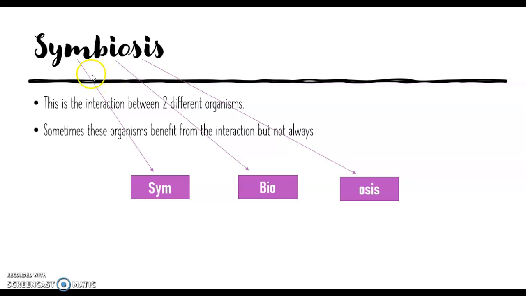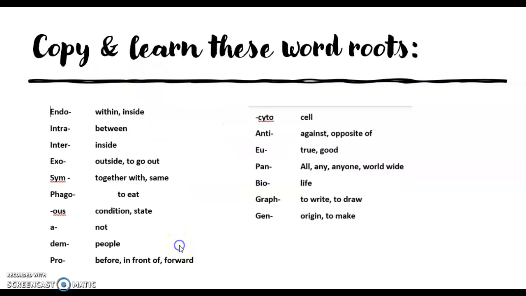So these are word roots that they put together so they can make new words to describe their new discoveries. So what I want you to do is take a moment, press pause, and copy these word roots.